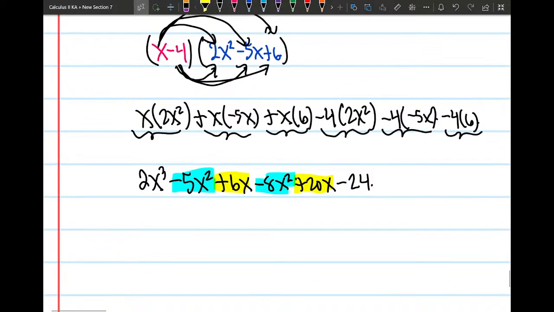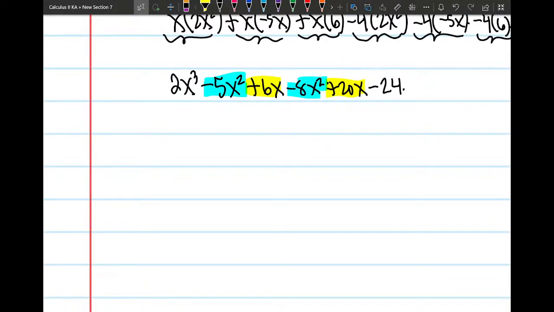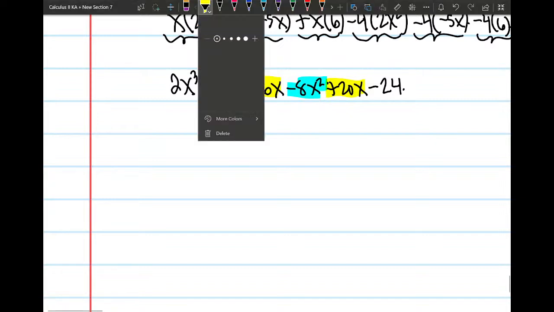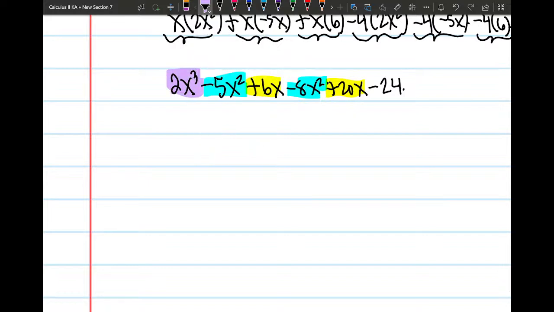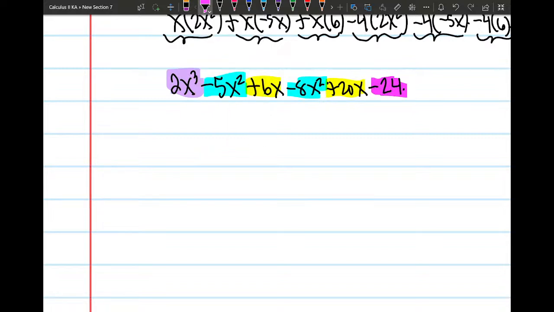We also have the other two, which were 2x cubed and negative 24, but those are by themselves. We're not going to do anything with that by any means.